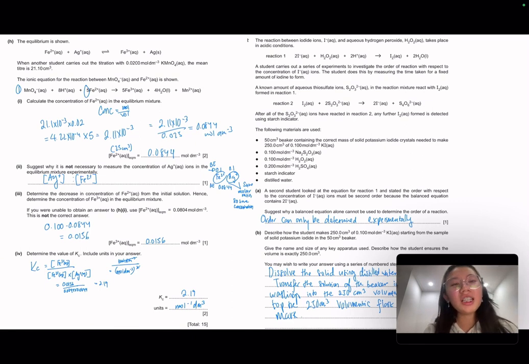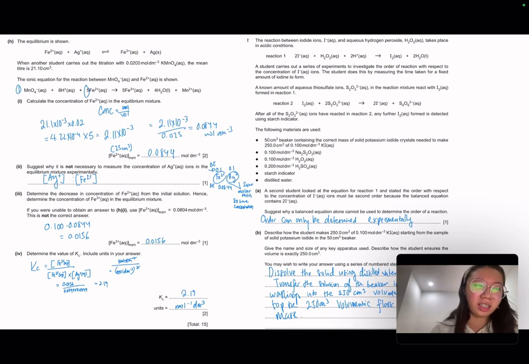Alright. Suggest why it is not necessary to measure the concentration of Ag+ ions in the equilibrium mixture experimentally. If we take a look at the equilibrium equation, the molar ratio for your Fe2+ and Ag+ is actually the same.